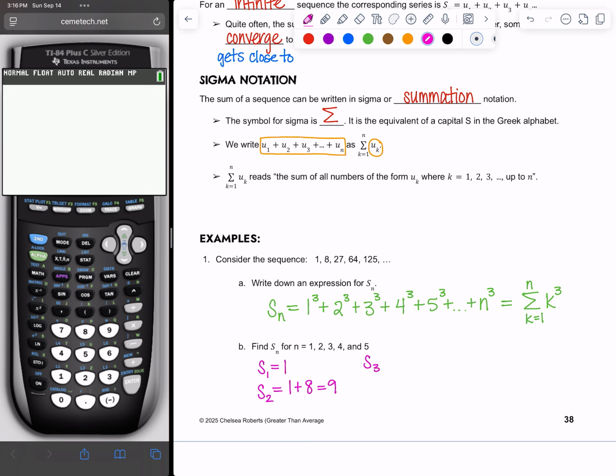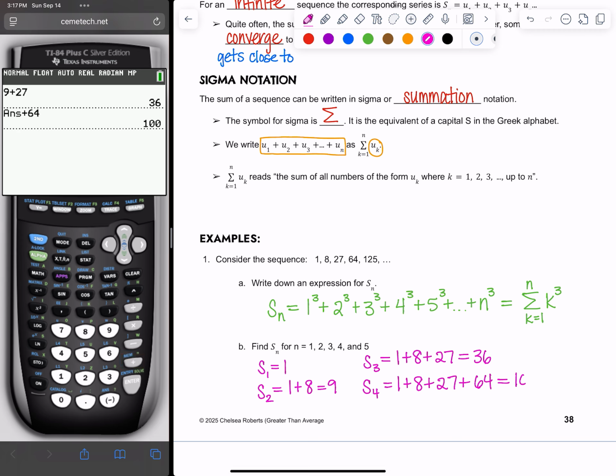If I find the sum of my first three terms, that's going to be 1 plus 8 plus 27. And if that's 9 plus 27, that's going to end up being 36. S sub 4 will be equal to 1 plus 8 plus 27 plus 64. So if I add 64, I will get 100.